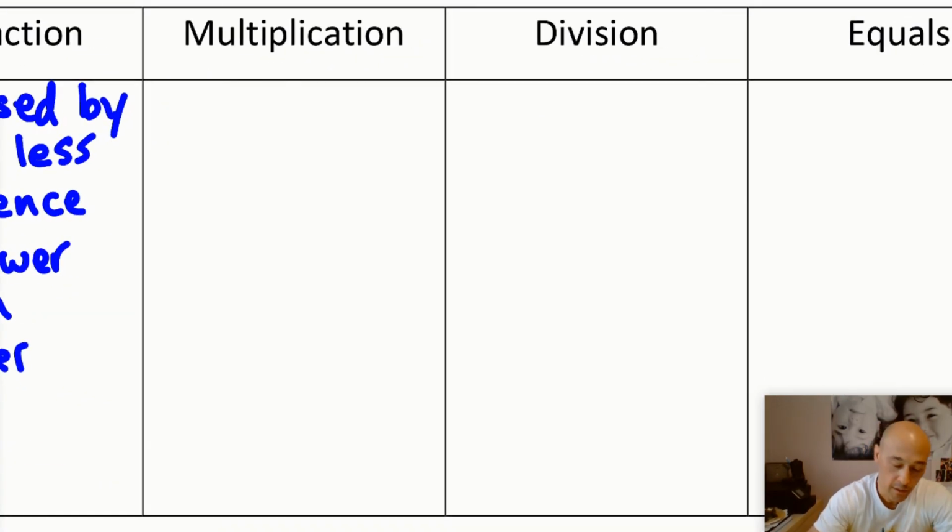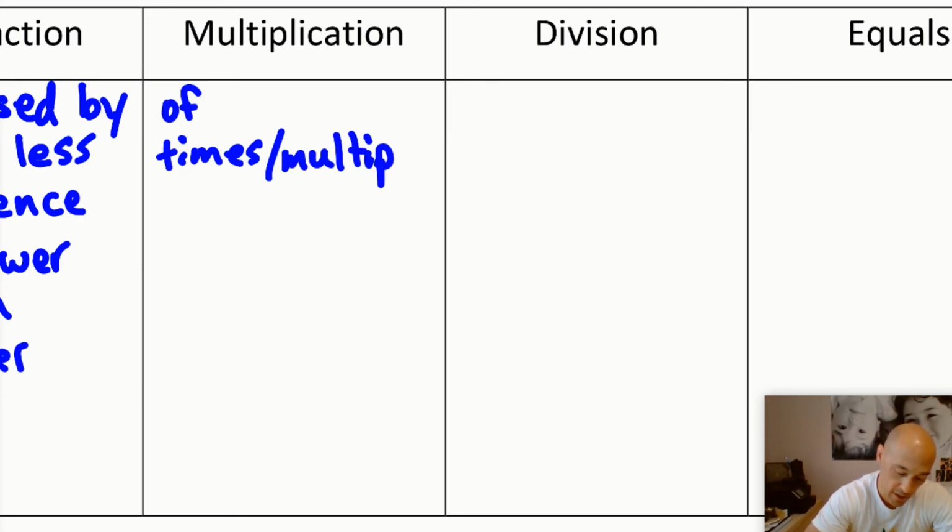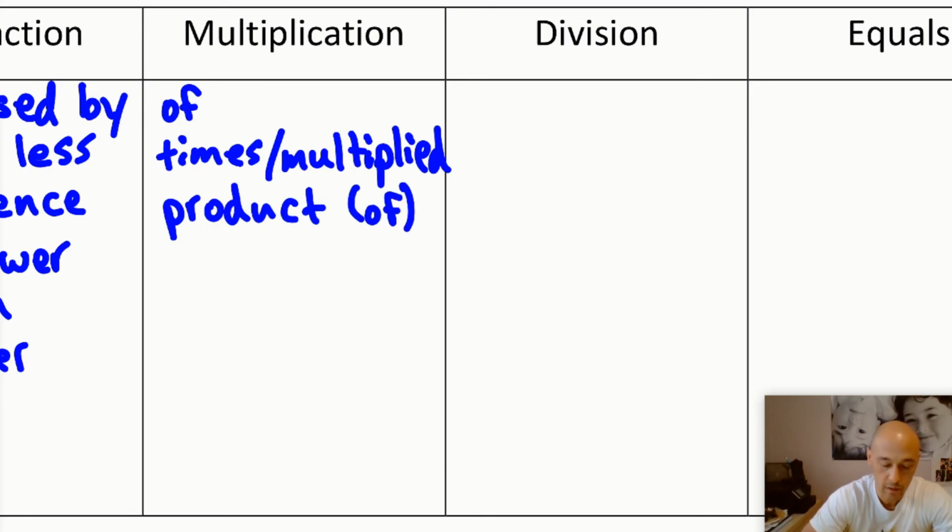For multiplication, of, times, or multiplied by. Those are easy ones. Product or product of. Increased, decreased by a factor of.